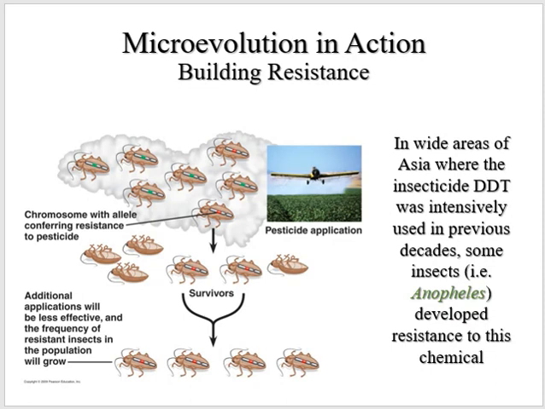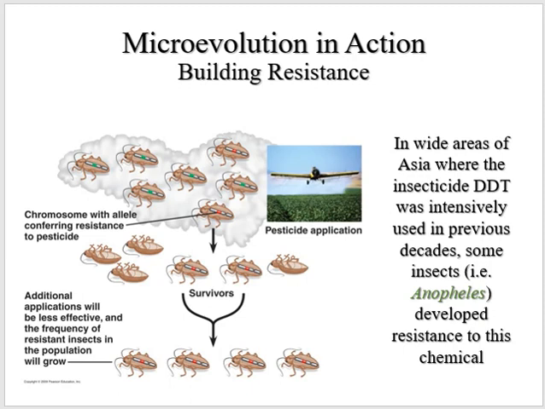They're all examples of microevolution, and all of them are more specifically microevolution occurring via natural selection. Right, so a big example of this was the insecticide resistance that was developed by some insects in Asia to the insecticide DDT.